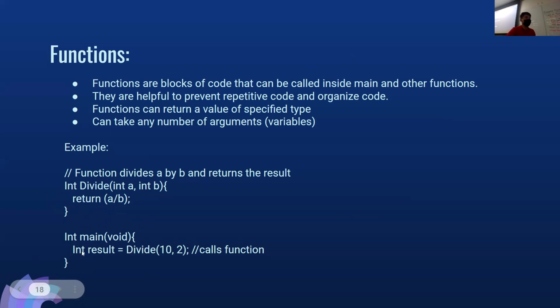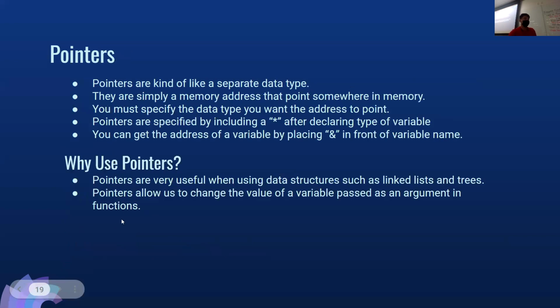So here we make a variable called result, and we set it equal to whatever value divide returns. In this case, it's 10 and 2. So a is going to be 10, b is going to be 2. 10 divided by 2 is 5, so we'll return 5. So a value of 5 will be stored in result.